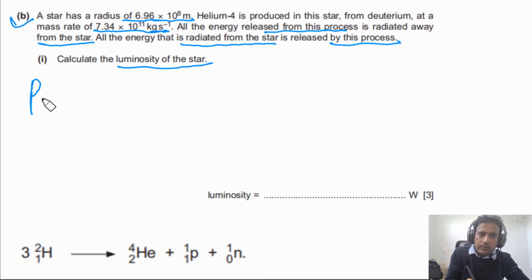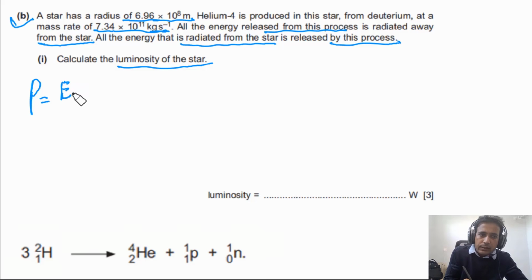Luminosity of the star is the power of the star, meaning all the energy radiated by the star per second, or you can say total power radiated by the star. So how can we calculate the total power?